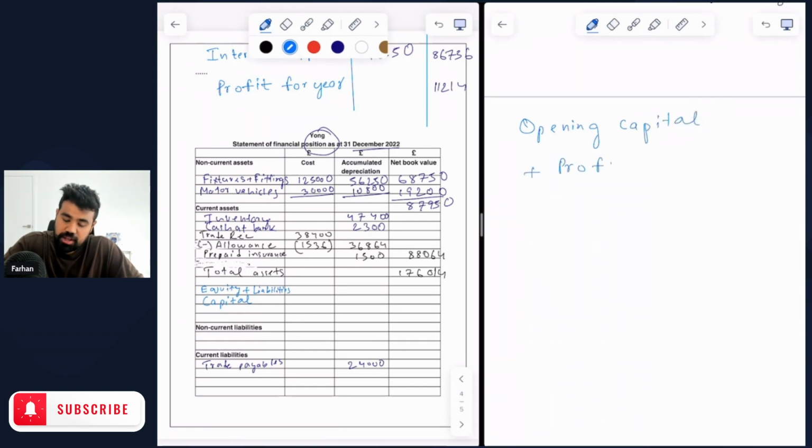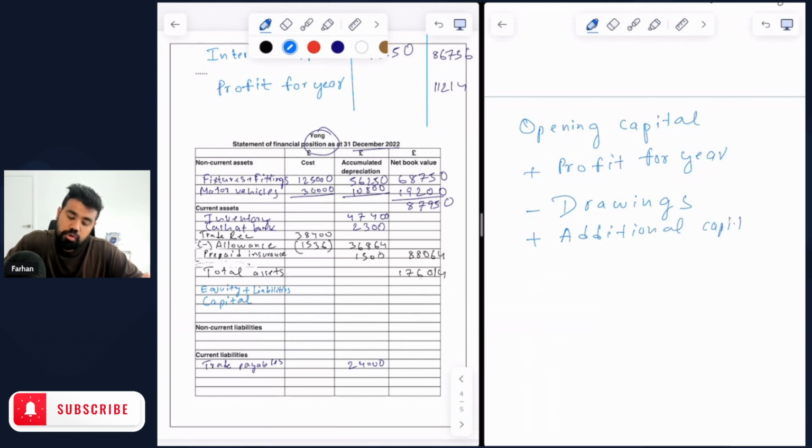If you had a loss, you would be subtracting it, because any loss reduces your equity. And any profit increases your equity. And that is why we are adding it. So opening capital plus profit minus drawings plus additional capital. All this should give you the closing capital. So it's as simple as that.